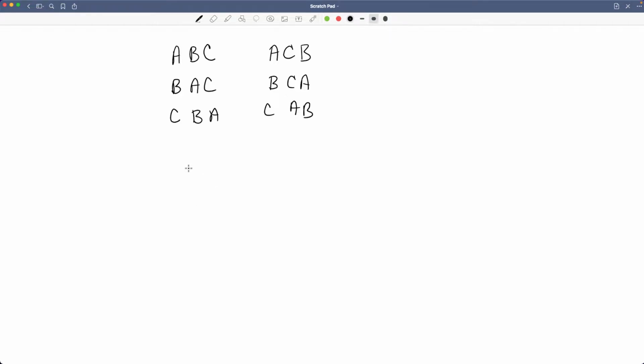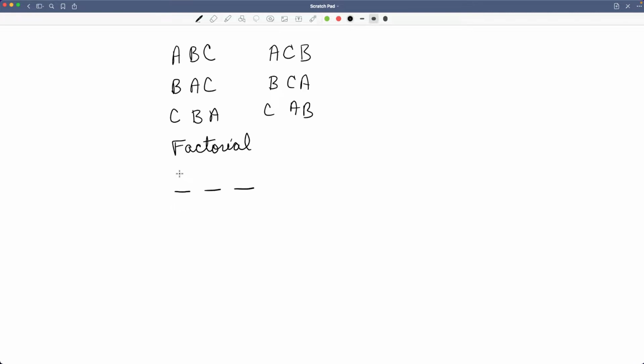All right, so a way to do that mathematically is called factorials. A factorial is where we calculate the total number of permutations based on the number of positions that we have and then the number of items that we have. So for instance, in this case, we have 1, 2, 3 positions and 3 letters.